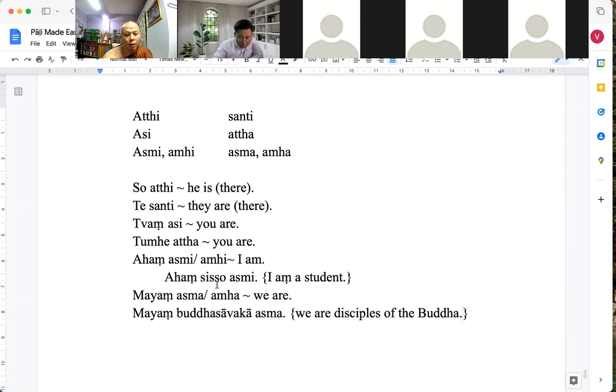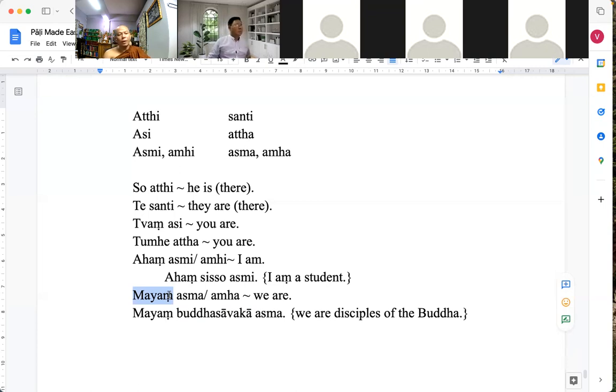So later, why say so? Why Buddha Sawaka? Later, while learning noun forms, we will understand. Now, the purpose of this lesson is how to use the subject personal pronoun for the verb. So even though those subjects can be omitted, if necessary, we can put them. That is what we need to understand. So so ati, they santi.